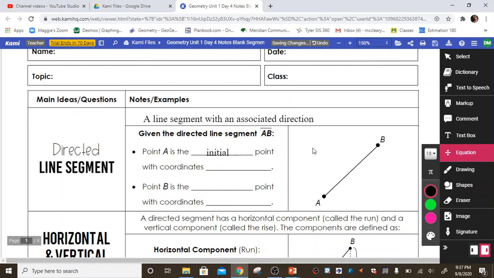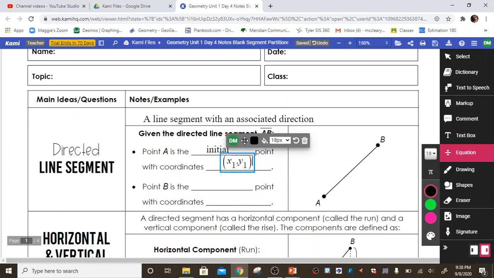So point A is going to be, in this particular one, the initial point. And it's going to have coordinates of x sub 1 and y sub 1. So this looks kind of familiar to what we had in the midpoint formula.